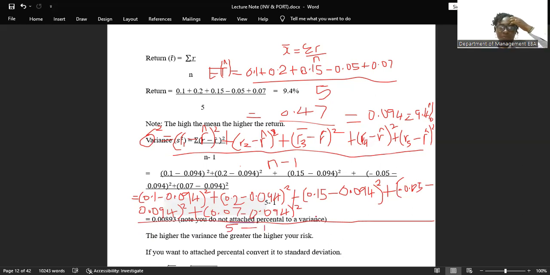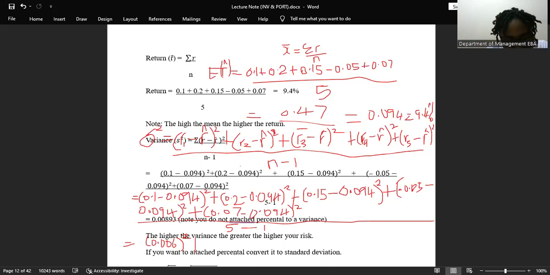So we do have calculation. 0.1 minus 0.094. What do we get? We get what? 0.006. Bracket close. Okay, the next question, we solve it on a plain sheet.